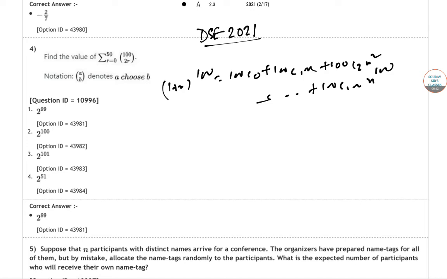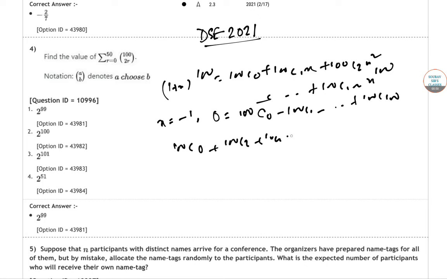So putting x equal to minus 1, what do you get? 100c0 minus 100c1, in that way. Last one is 100c100. So 100c0 + 100c2 + 100c4 in that way equals 100c1 + 100c3 ... 100c99.